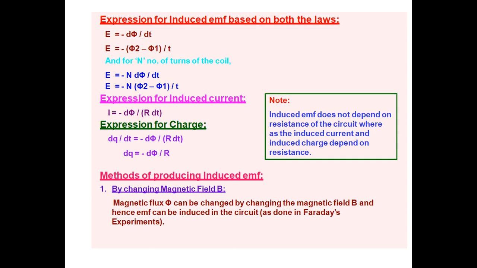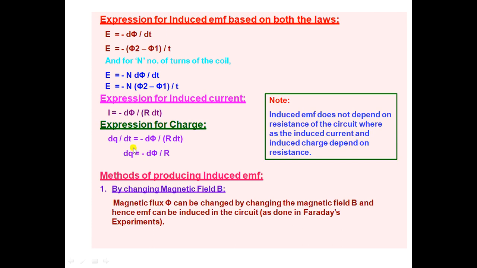So here the expression for induced current is I is equal to minus d phi by R into dt, and the expression for charge is dq by dt is equal to minus d phi by R into dt.